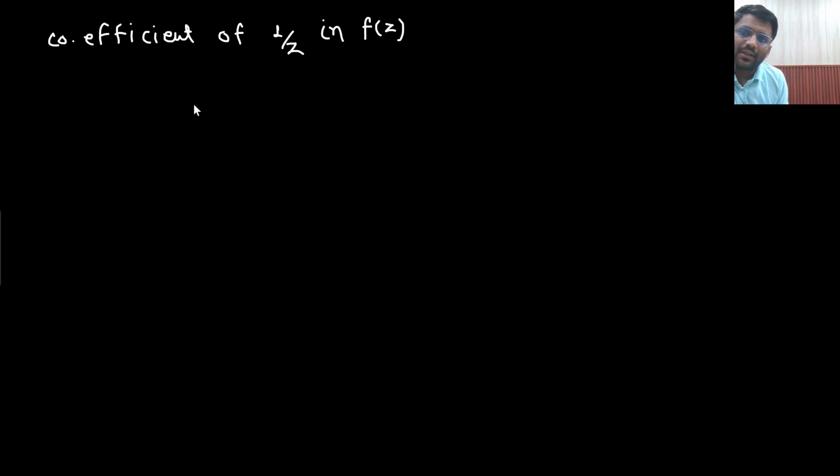So what is the coefficient of 1 by z? The coefficient of 1 by z in f of z, that means this is your residue R2, is coming out to be minus, with the minus sign taken outside, 1 plus 1 by 2 factorial plus 1 by 3 factorial plus 1 by 4 factorial and so on.